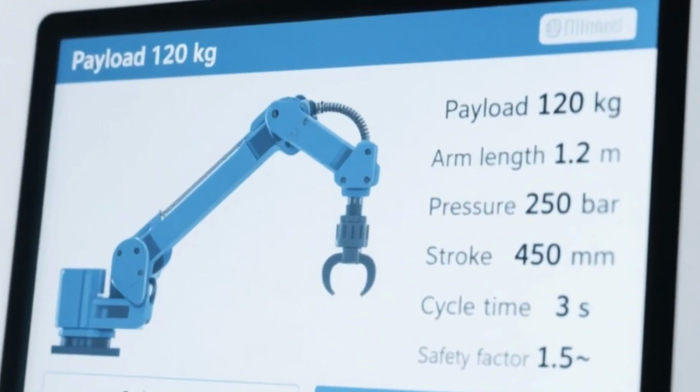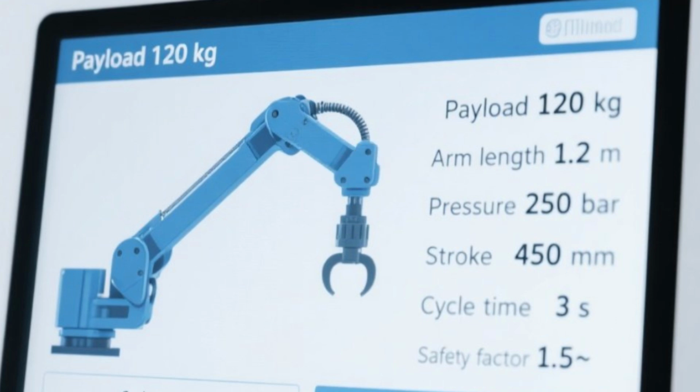Project overview. Understanding the engineering inputs. In real engineering projects, we never start by choosing a cylinder directly. We start with task requirements. For our project, the required inputs are: payload mass equals 120 kilograms. Arm length from joint to load equals 1.2 meters.